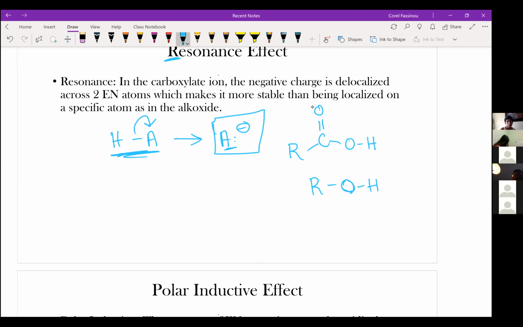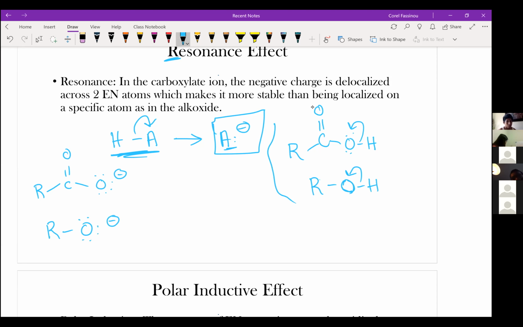And once again, to see the stability of the conjugate base, let's first deprotonate. And what we're left with is this, versus this. And those are the conjugate bases of these two acids.